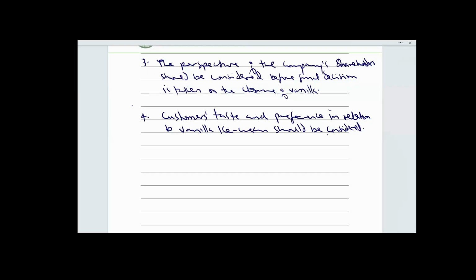For me personally, when I used to eat ice cream, I like vanilla. So if I want to buy vanilla in your company, and you are telling me that you don't sell it again, after all, you are not the only one in the market, I will go elsewhere and buy whatever I need from there.